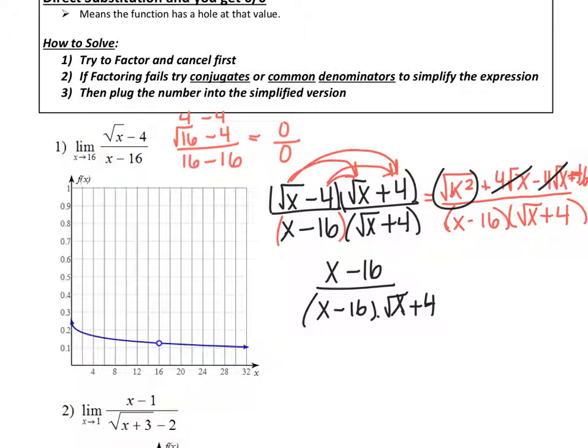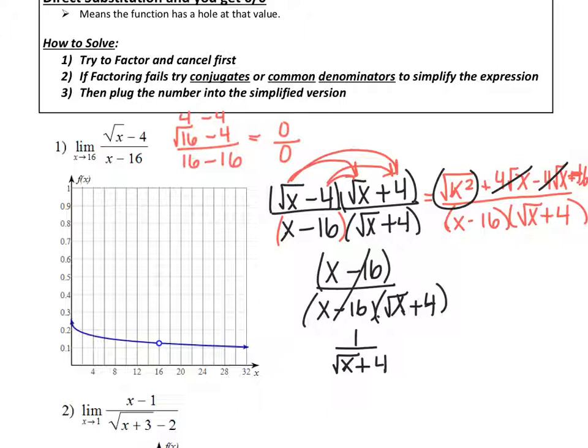Now what you should notice is that the x minus 16 and the x minus 16 are the same, so I can cancel them. So I'm just left with 1 over the square root of x plus 4. So you see how not distributing the denominator helped us. We didn't multiply out the denominator, so we were able to cross out the x minus 16s.